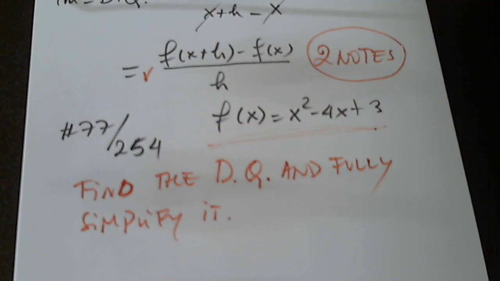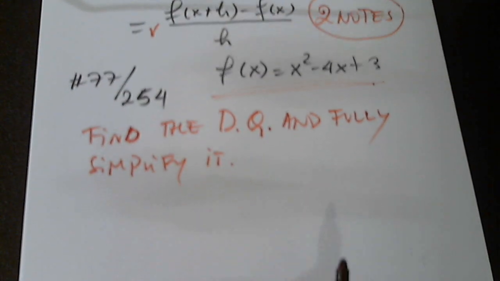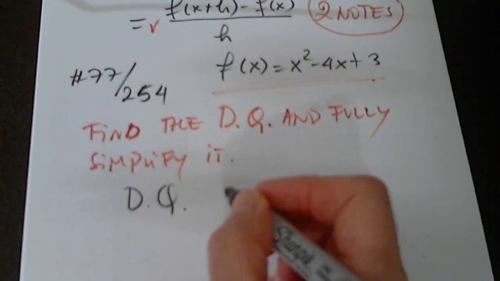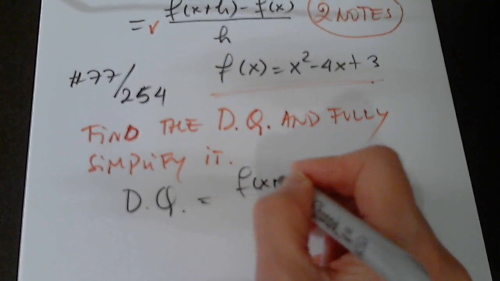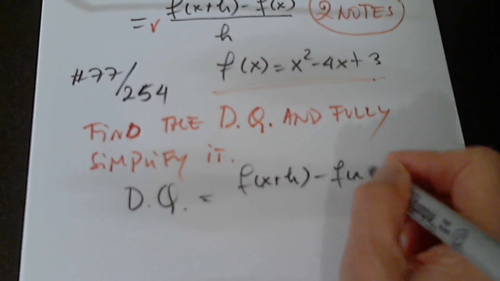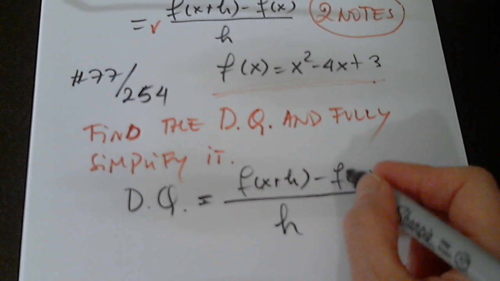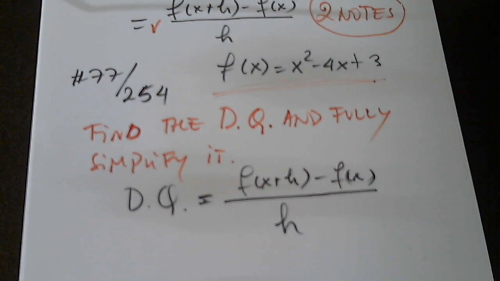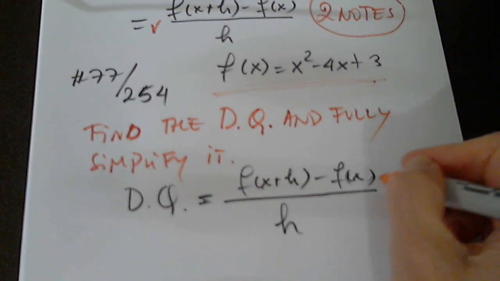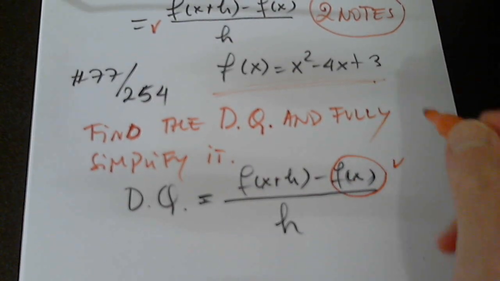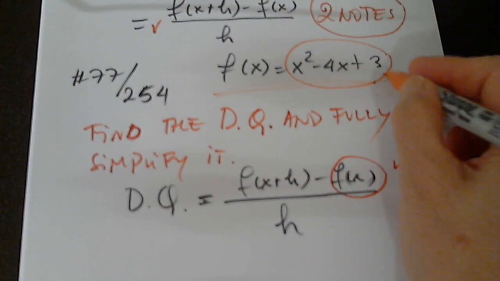I'm going to first copy the difference quotient. So I know that I have to look at this: f of x plus h minus f of x divided by h. And like always, I'm going to say, okay, let me see what I have and let me see what I don't have. This I have.